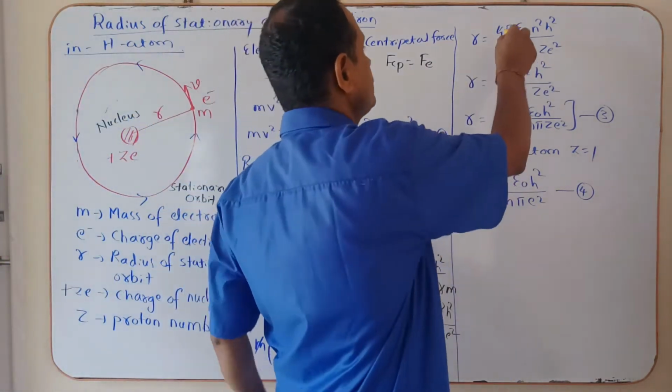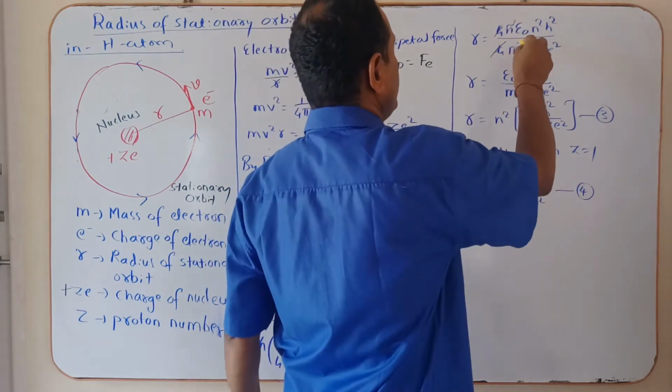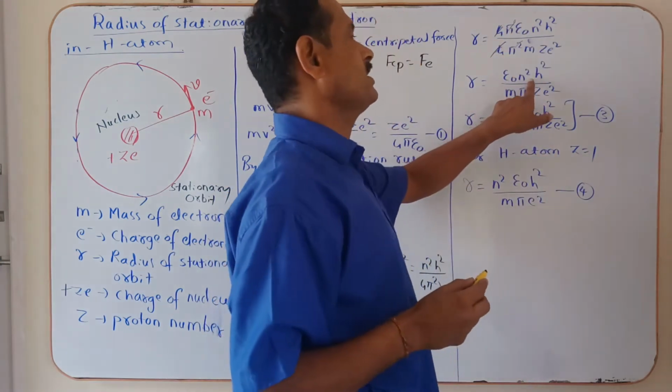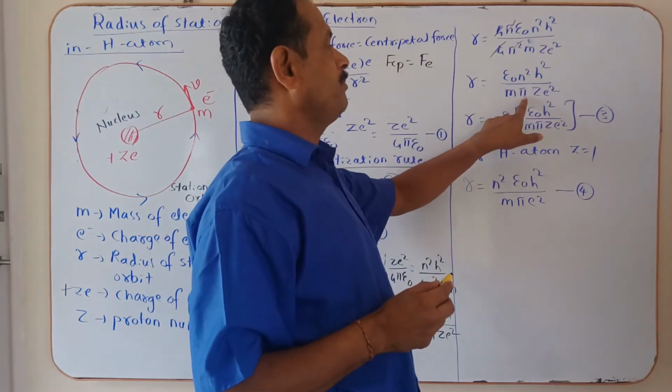Now 4 cancels, one pi cancels, remaining epsilon naught n square h square divided by pi m Z E square.